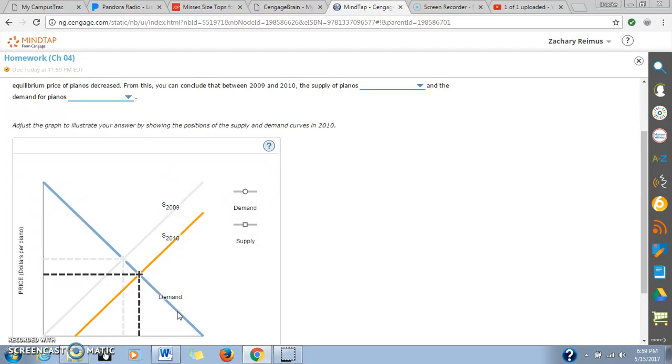Then I can do the same thing with demand. I want to shift demand so that my price continues to go down. So I could shift it right or up. Well, then my price went back up, so that wasn't very helpful. But if I want my price to go down and I shift it to the left or down, then my price goes down.